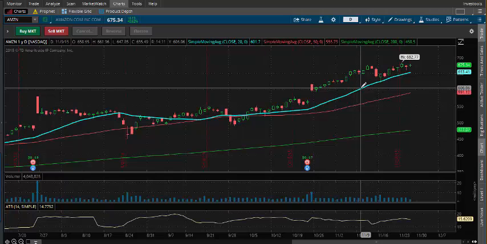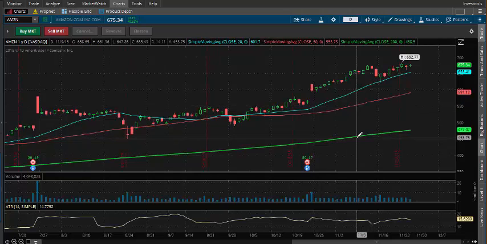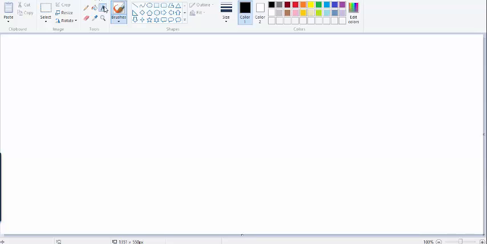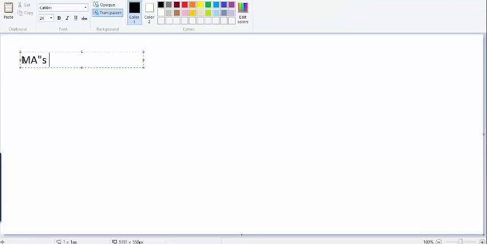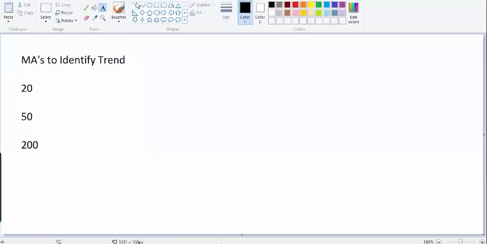And the idea went like this. The 20 is your short-term trend, your 50 is your intermediate term trend, and your 200 is your long-term trend. So if you're going to use MAs to identify trend, then the 20, the 50, and the 200 are the MAs that I would use.